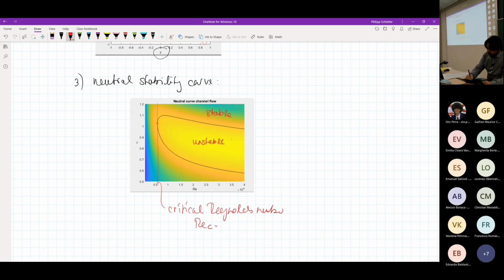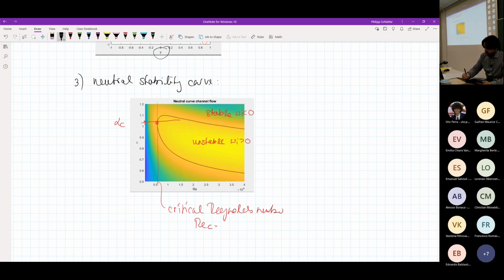So unstable means that the imaginary part of the eigenvalue is larger than 0, and stable means it's lower than 0. And of course, this here would be the critical alpha, so the wavelength of the critical wave, or TS wave.